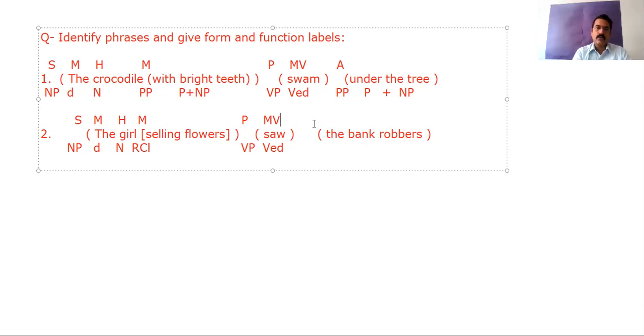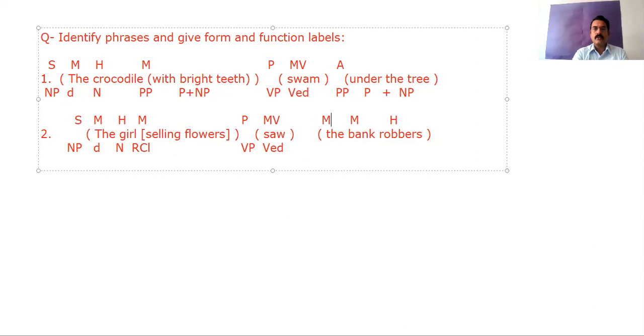The bank robbers. Right. Here also the first thing that we have to do is to identify the head in the phrase the bank robbers. So we are talking about robbers. So robbers is the head, and the remaining words are modifiers. Fine.